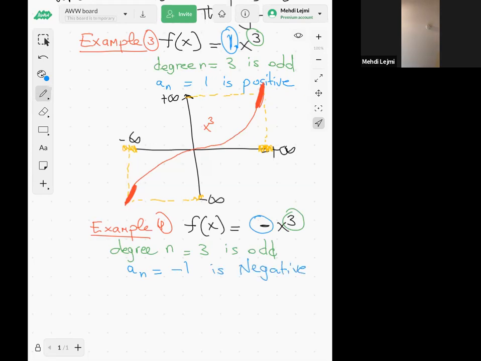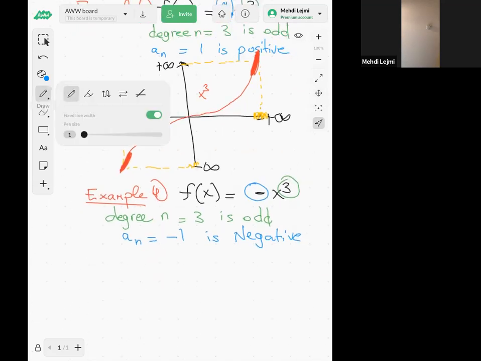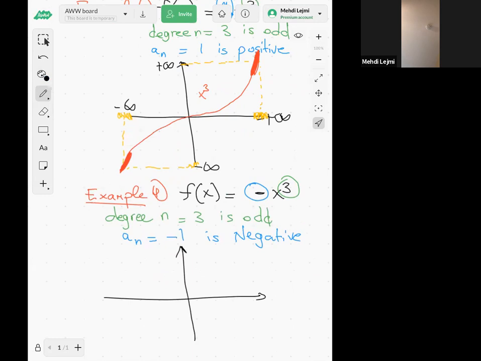And the graph of negative x cubed, with positive infinity and negative infinity, is going to look like this.